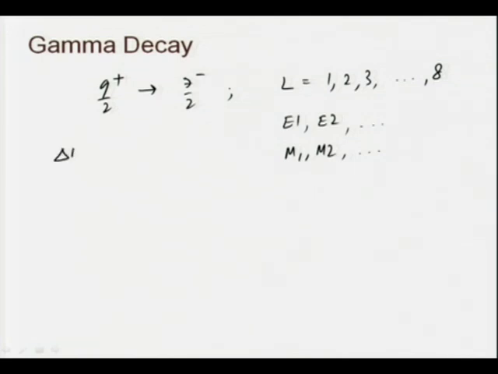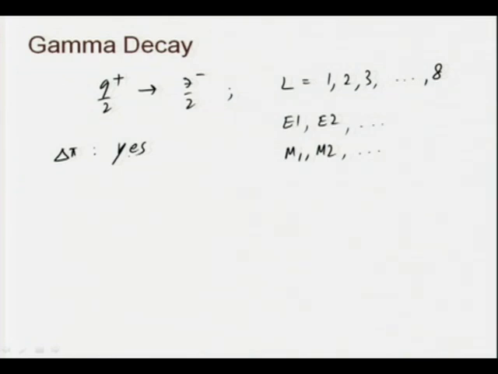Now, change in parity delta pi is yes. So, the initial parity is positive, final parity is negative for the nucleus. Therefore, the gamma ray should be associated with the multipole which has a change in parity.